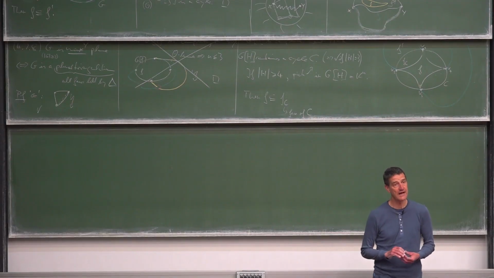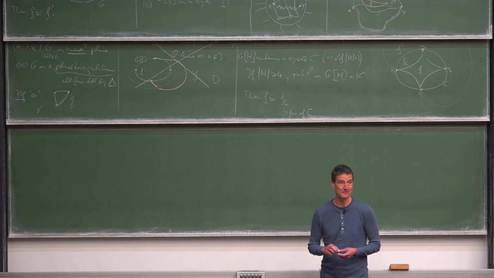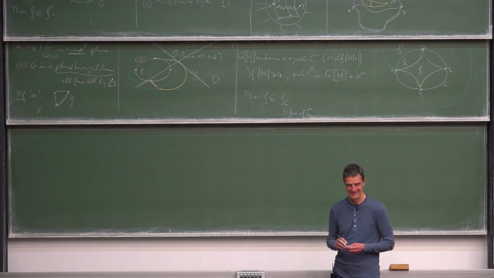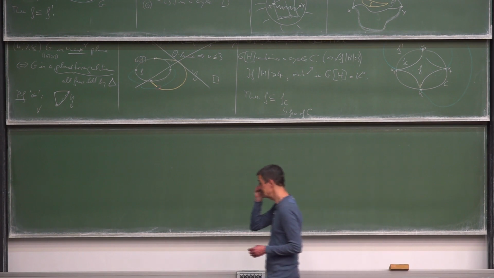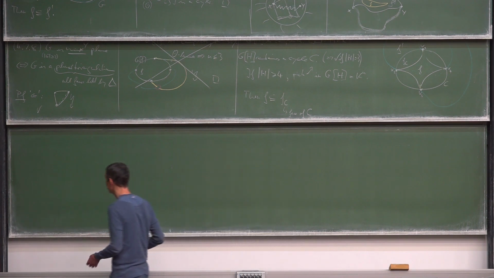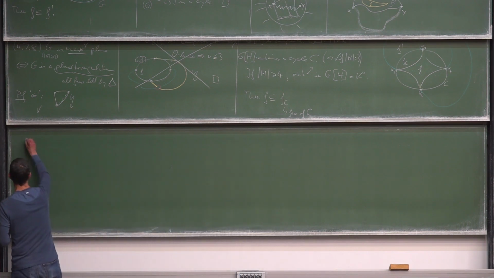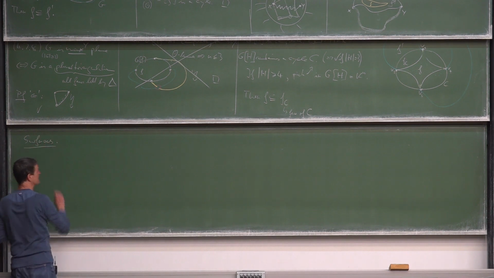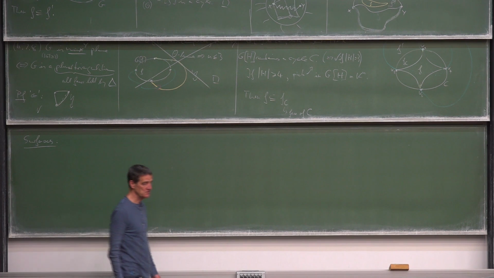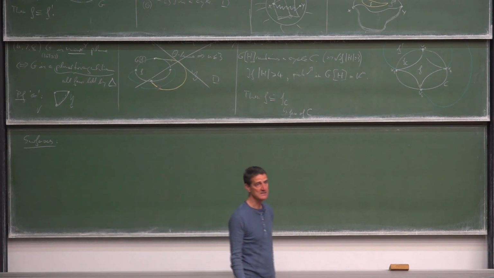And this is now, at long last, to prove the Euler formula. So let me start with just a little bit of hand waving about surfaces, just a little bit of background. As I said, surfaces do appear in graph theory unbidden.